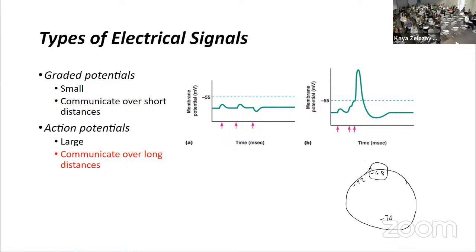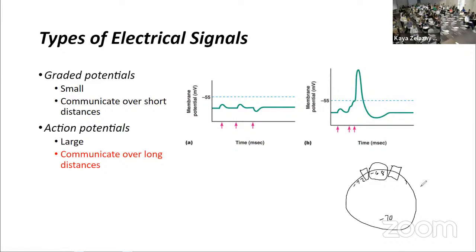And our graded potentials, small changes, are going to communicate over short distances. They're never going to race down that long axon and talk to another cell. All they're really going to be able to do is change a little bit of the charge in their direct neighbors, like the little bit of membrane that's right next to that patch.